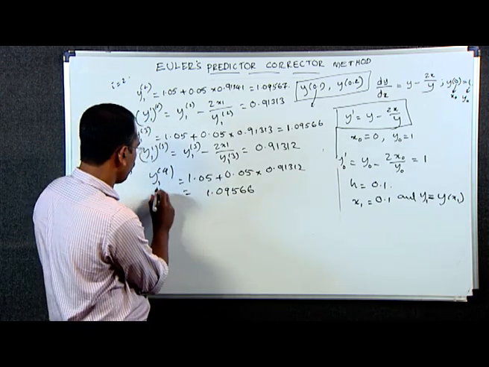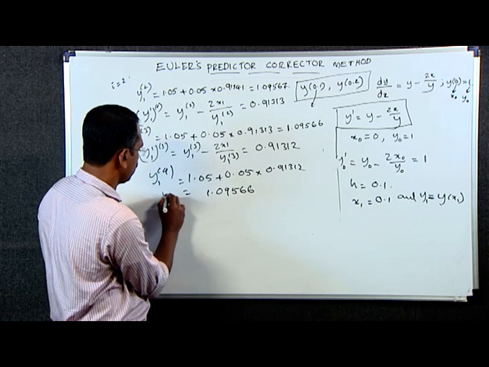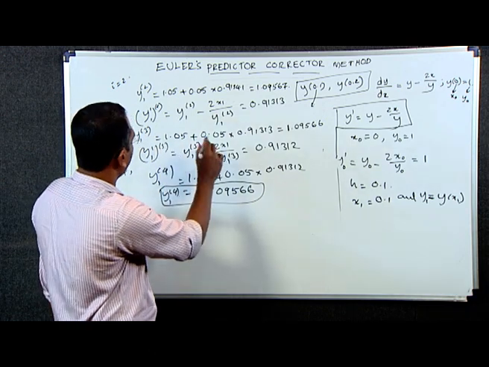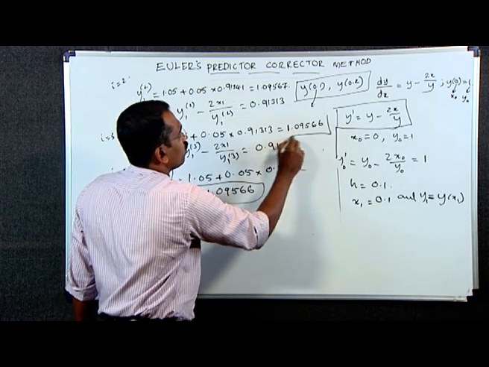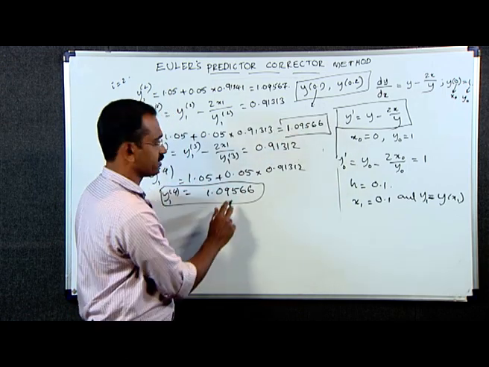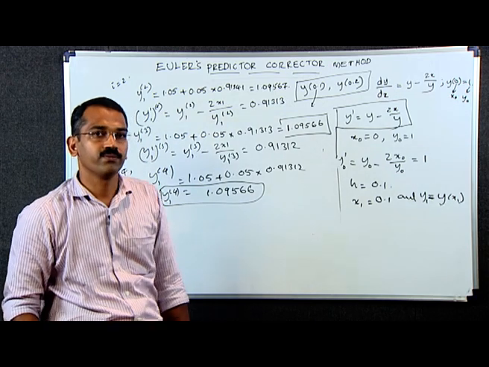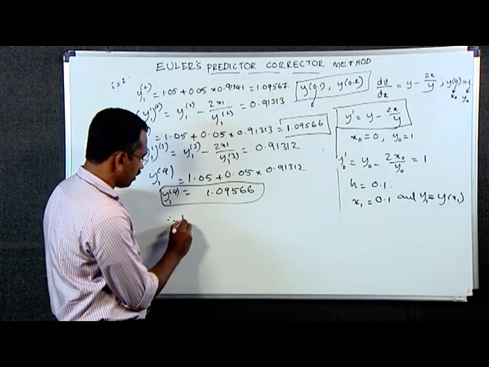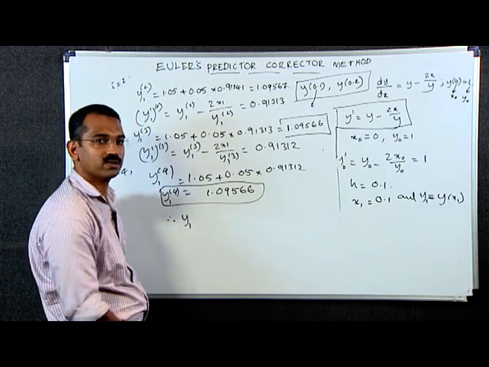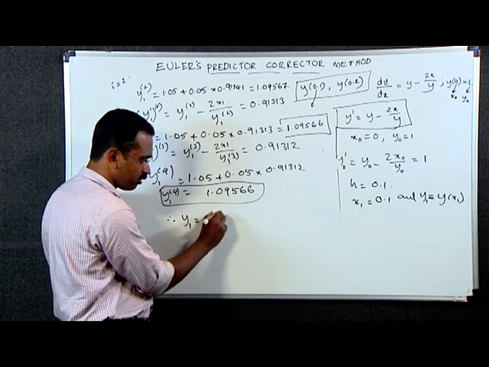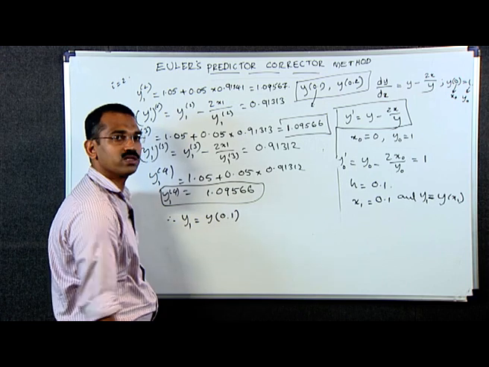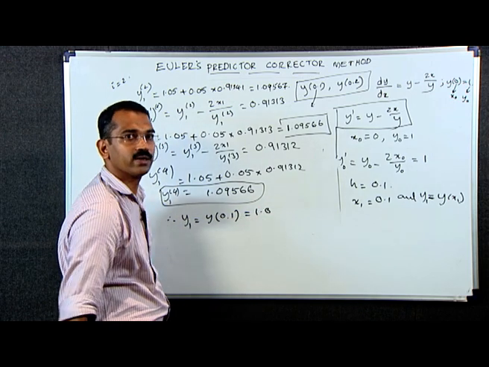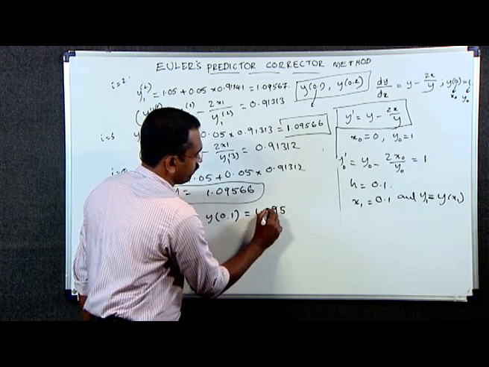Here y1 4 is equal to 1.09566, and in the previous step we obtained y1 3 as 1.09566. These two are same, therefore the convergence has occurred, and hence we take the value of y1, that is the value of y at x is equal to 0.1, as 1.0957 approximately.